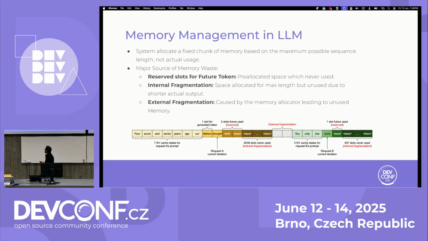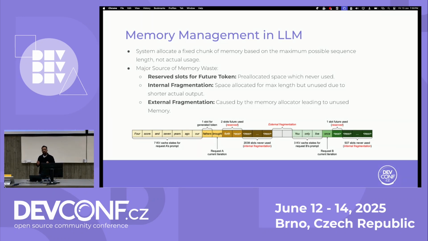We are using only this many slots. This one slot is for the generated token, and these 2 slots are reserved for future purposes. I'm not sure when we will get a chance to use them. But this is one of the memory fragmentations that happens with LLMs.